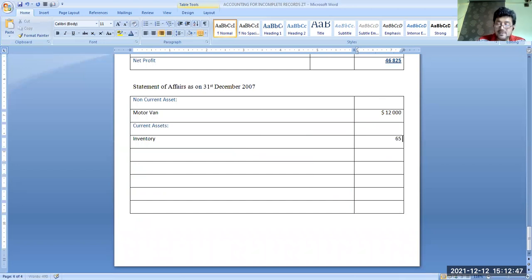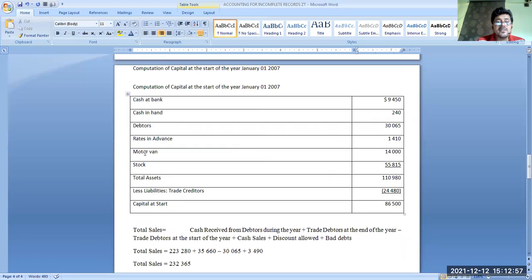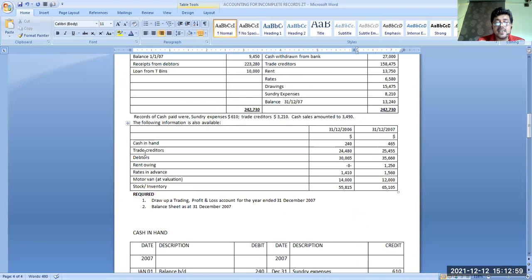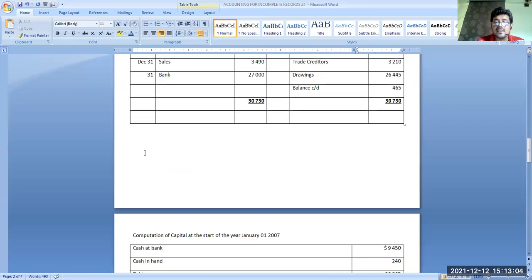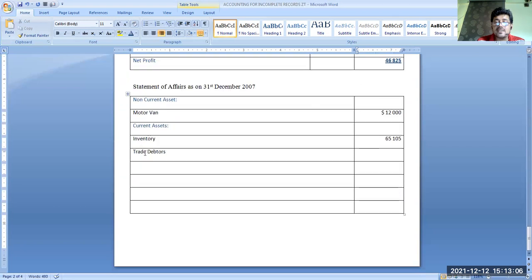Then trade debtors or trade receivables at the end of the year is 35,660.